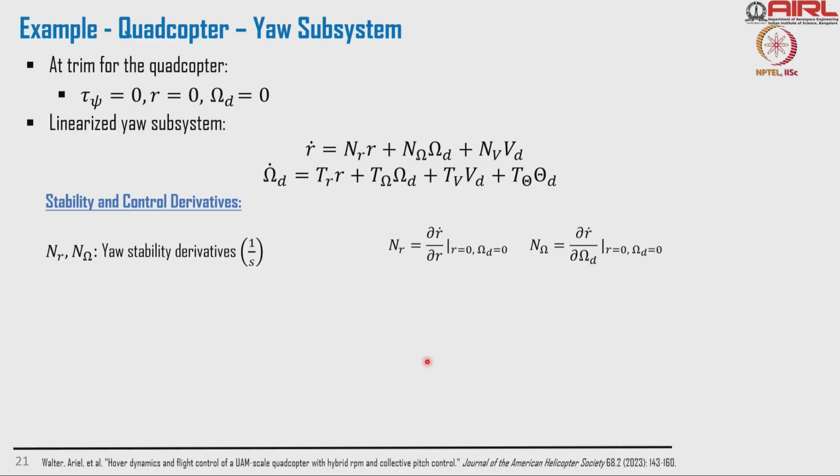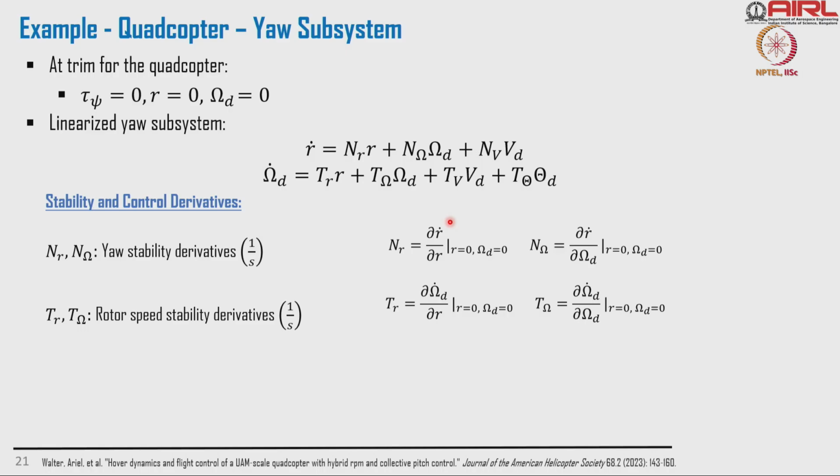So these are some stability and control derivatives, NR and N omega. They are yaw stability derivatives. NR is dou R dot by dou R when R is equal to 0 and omega d is equal to 0. N omega is dou R dot by dou omega d, with R equal to 0 and omega d equal to 0. So we compute these values, right.